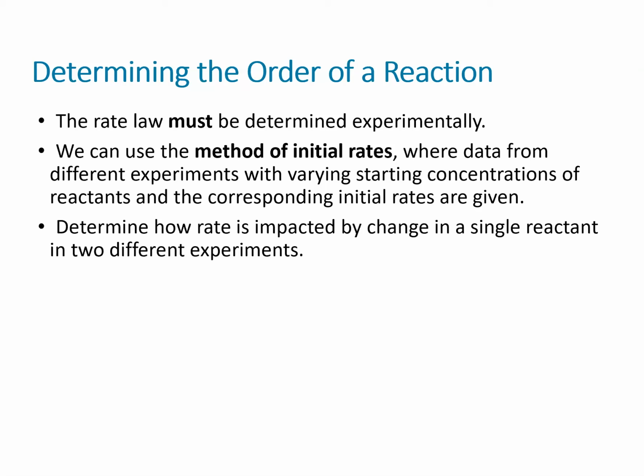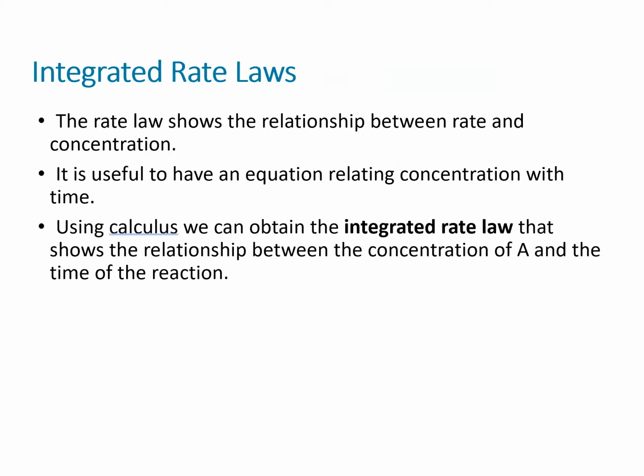So by varying the concentrations and looking at the initial rate of reaction, we're able to ascertain graphically if that change of reactant concentration alters the reaction rate through a zero order, first order, or second order process. Now, if you have multiple reactants, you have to vary them one at a time to make this happen.